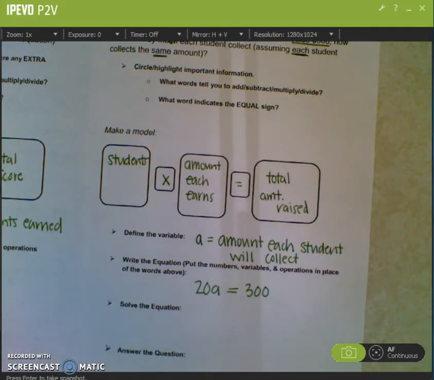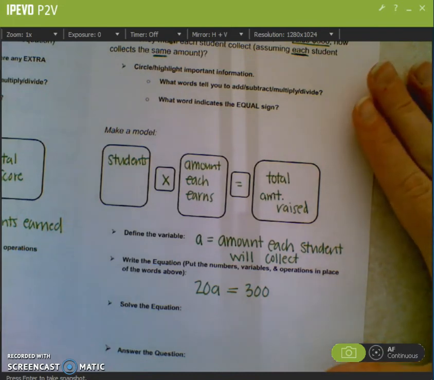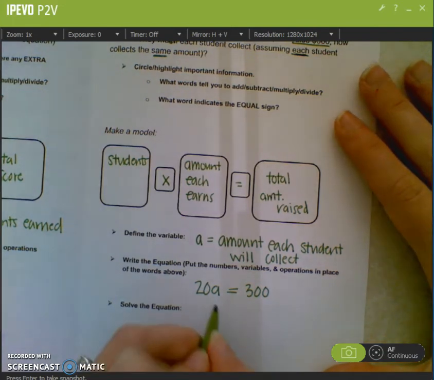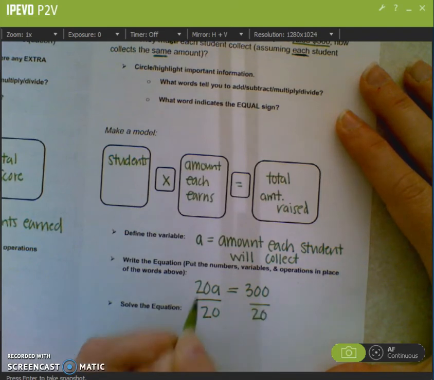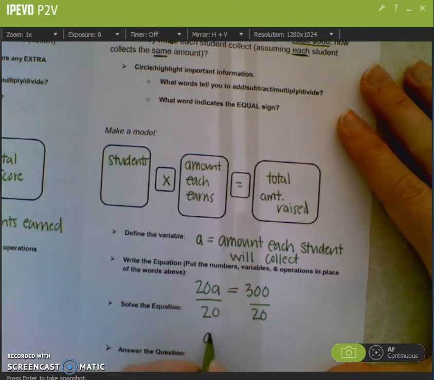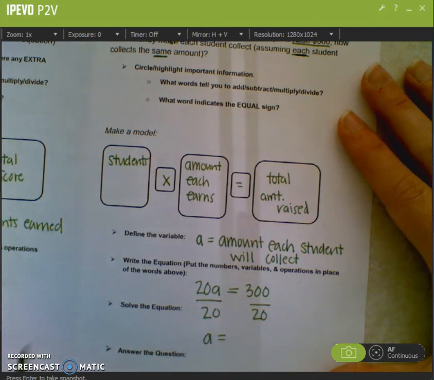So now I'm going to solve the equation using inverse operations. The opposite of multiply is divide. I'm going to divide both sides by 20. 20 divided by 20 leaves me with A equals, and 300 divided by 20 is 15.